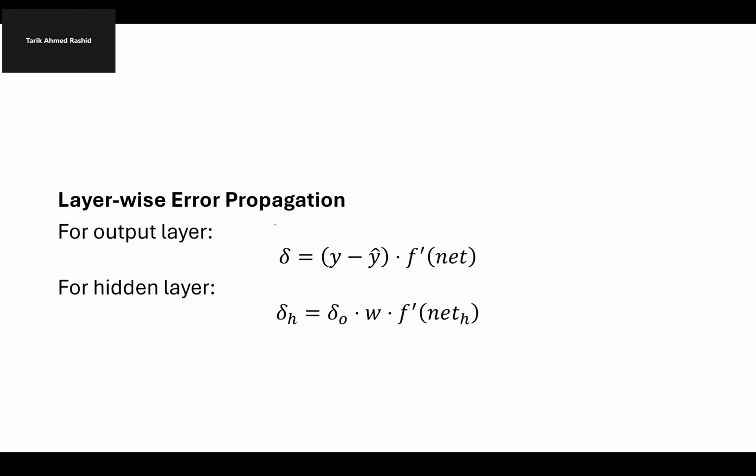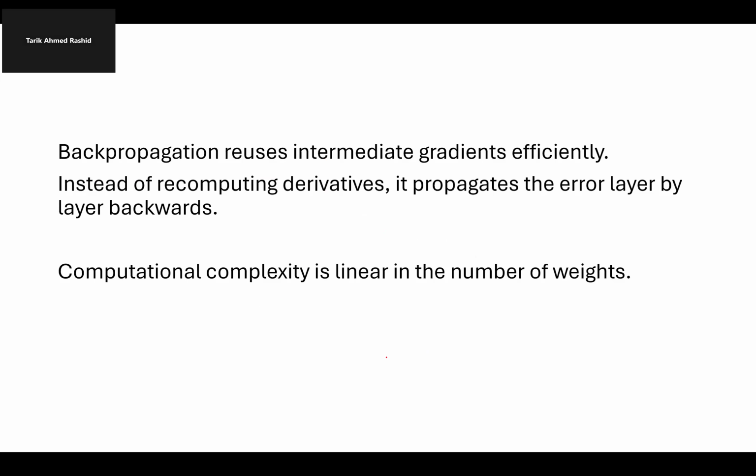Now, layer-wise error backpropagation: that will be delta for the output layer, and that delta with the change in error goes to the hidden layer. Backpropagation uses intermediate gradients efficiently, and the computational complexity is linear, depending on the number of weights.